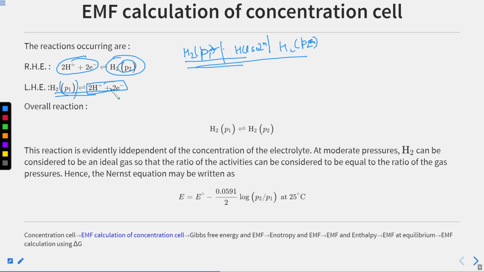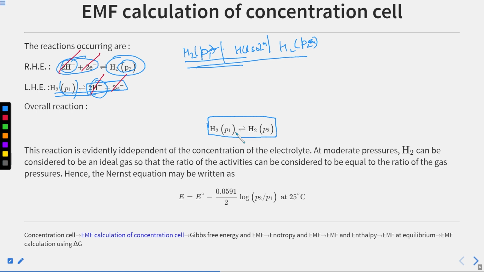So we are doing both these reactions in the same compartment, so this concentration will be equal, this and this will be equal, so they all will be cancelled out. Since we are dipping both the electrodes in the same compartment, finally we'll get this equation in which H2 at pressure P1 is going to H2 at pressure P2.